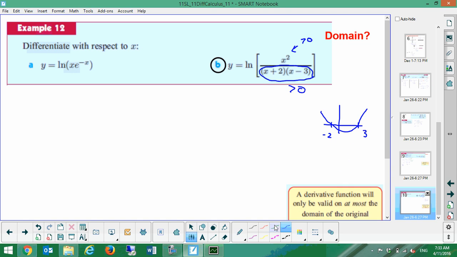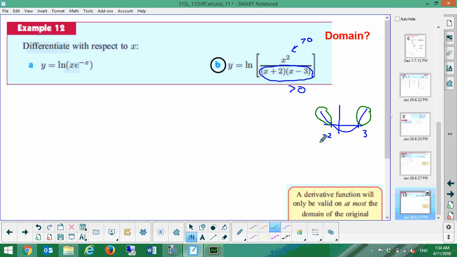We're going to see that in this area out here, the function is positive, and in this area, the function is positive. So if we pick x values that are less than -2 or greater than 3, then any negative x's get squared up here, and we'll end up with a positive number.